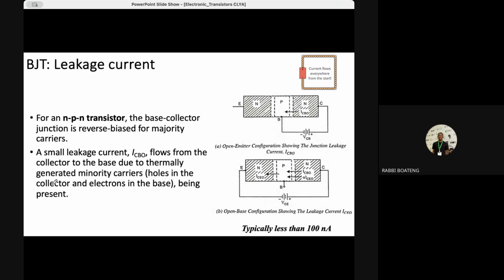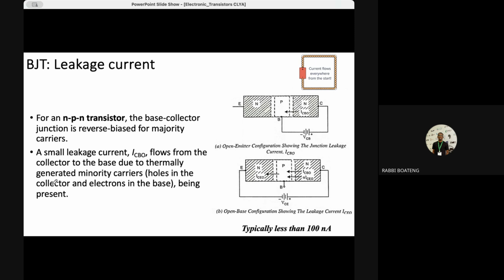Now, if this is happening, the majority carriers in an NPN transistor are going to be electrons. But interestingly, we have some minority carriers in there too. Is that okay? And here our minority carrier is going to be holes. So there are holes in there.